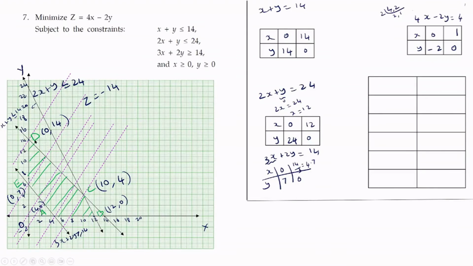But here we can see that for this corner point D (0, 14), when x is 0 and y is 14, we will get the value of z as negative 28, which is lesser than this value. So the minimum value of z will occur at this point and not at this point, that is, it is not corresponding to the line which is nearest to the origin.